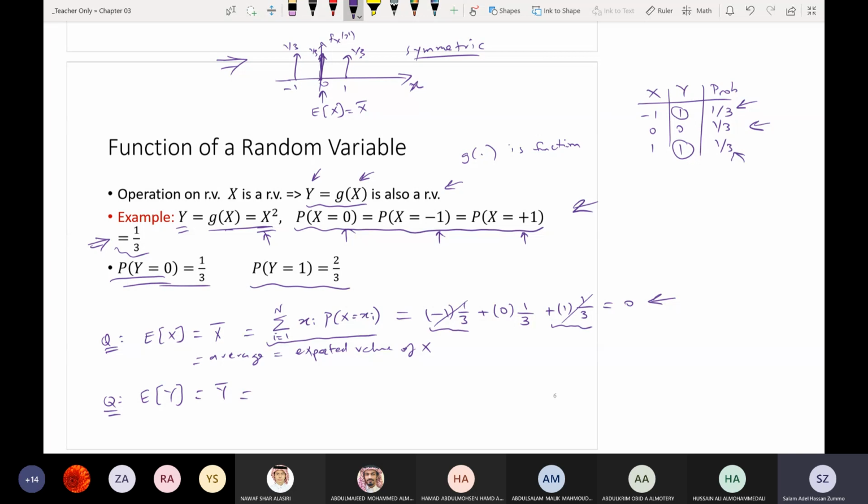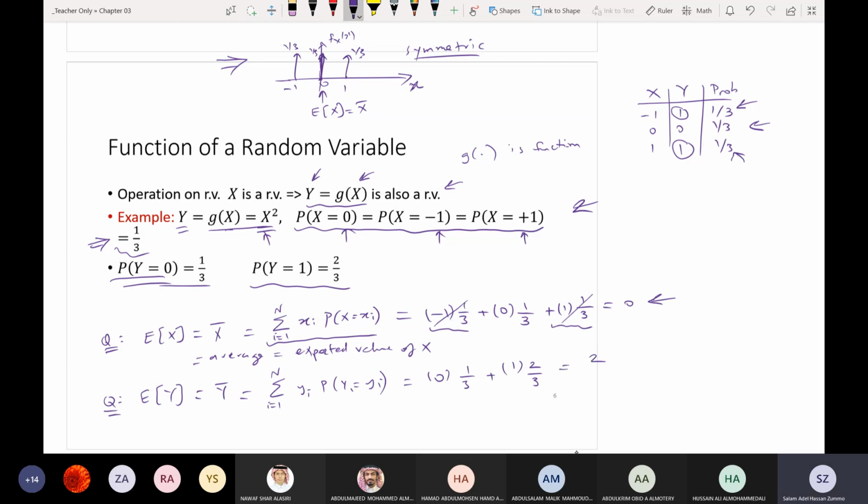ممتاز. طيب, so the expected value of y is simply the summation i equal 1 to n of yi times the probability of y equal yi. Which is, I have two values here, either 0 with a probability of 1/3 plus 1 with a probability of 2/3, right?